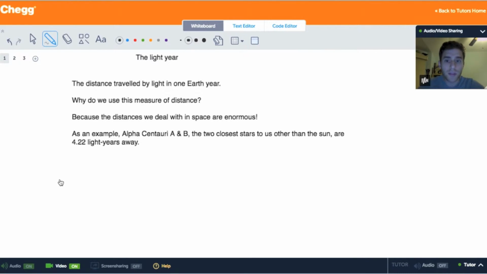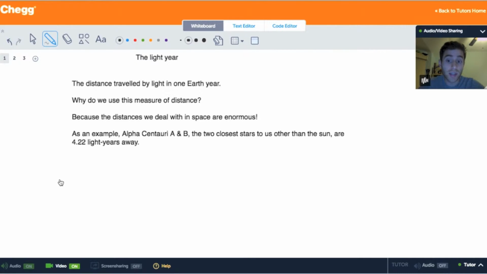So why do we use this measure of distance? Well, we can't really use inches or feet when we're dealing with things in space because the distances between objects in space are so enormous that we need a larger measure of distance. And in this case, it's light years.